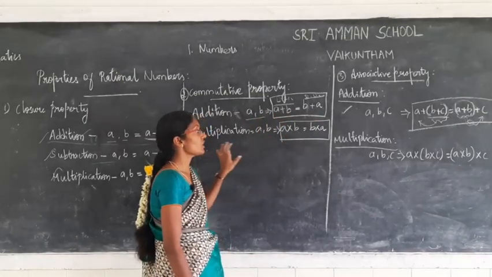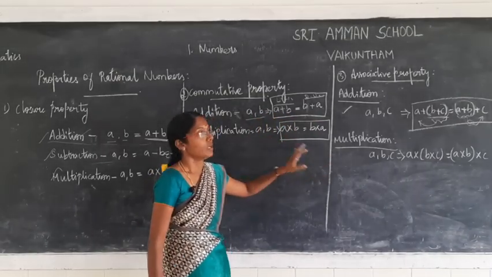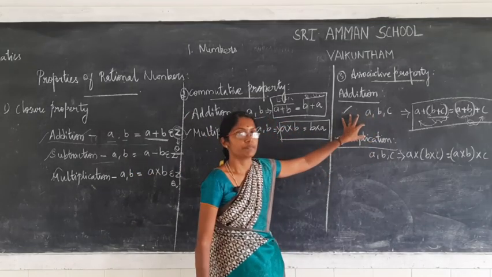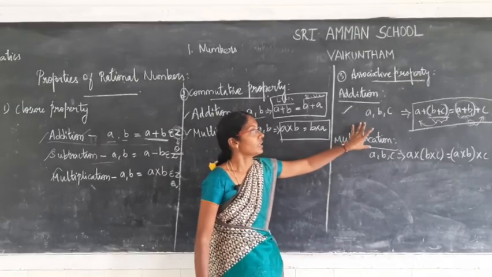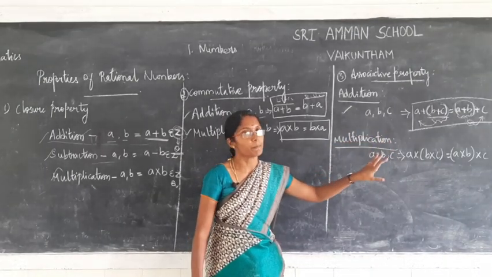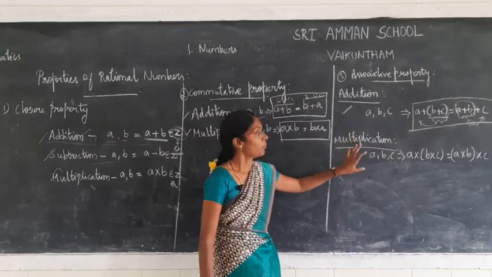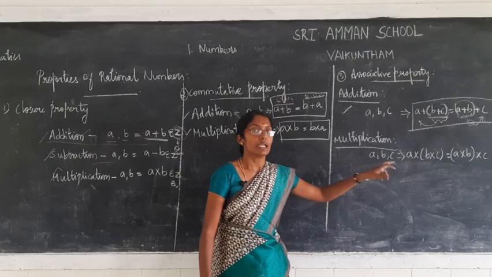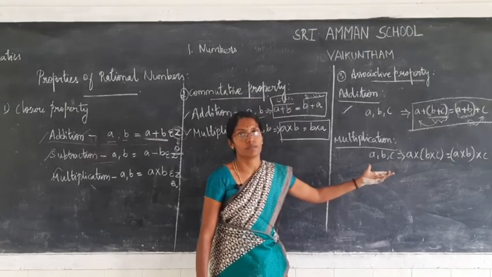For multiplication, a into b is equal to b into a. Next, associative property is satisfied only for multiplication and addition. For addition, a plus b plus c is equal to a plus b plus c, grouped differently. For multiplication, a into b into c is equal to a into b into c, grouped differently.